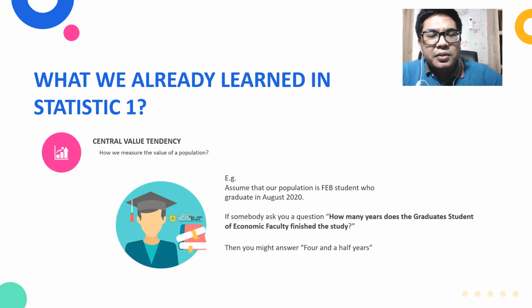The answer may be quite straightforward. You might answer maybe 4.5 years. The question is how this number 4.5 years appears in your head. Where does this 4.5 years come from? This is the problem that central value tendency tries to answer.